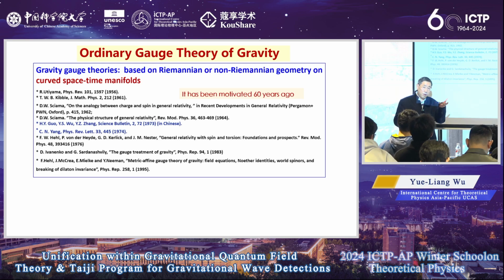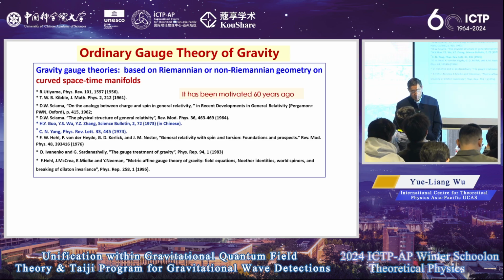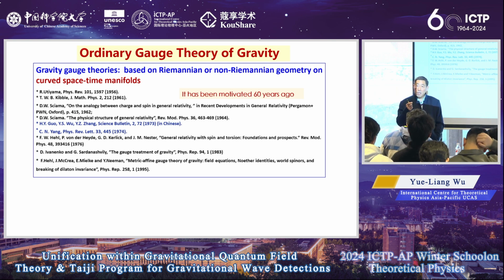The formulations are very similar to the gauge theories, because the general linear group is a group, so there are some connections and so on to relate to the gauge theories. But most of them are still based on space-time, the coordinate space-time.